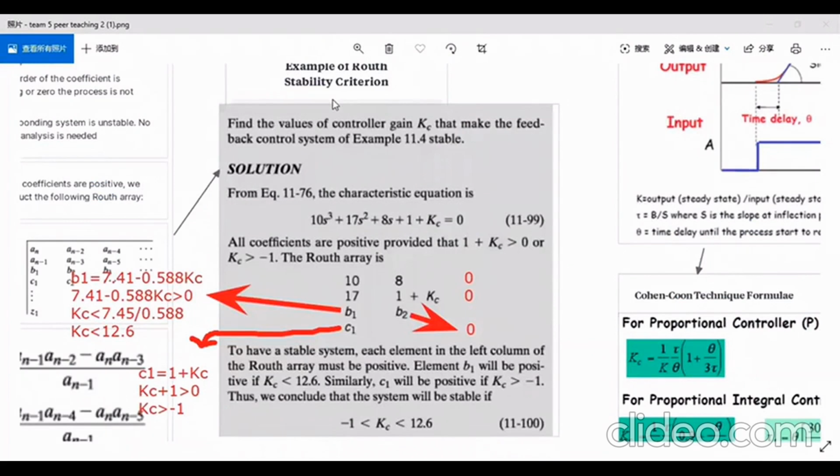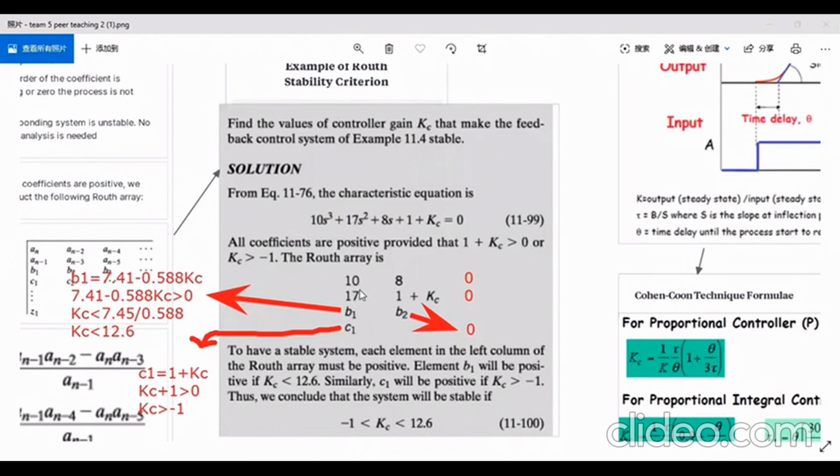So here is one example of the Routh stability criterion. The characteristic equation is already in the polynomial form. Your first term will be situated in the first column and first row of the Routh array.